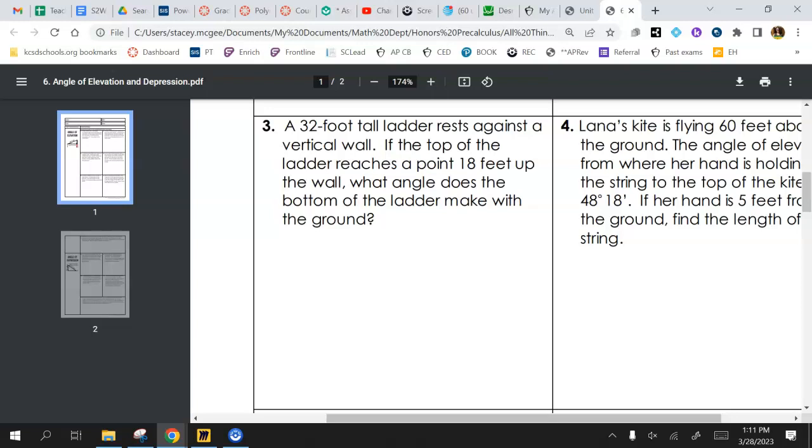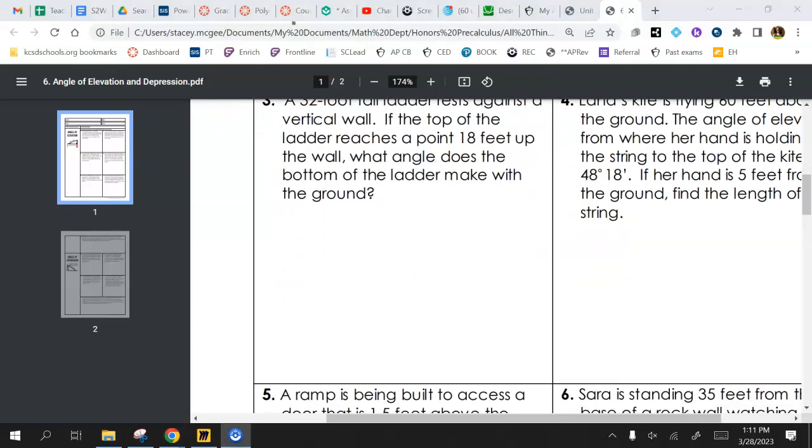So I've got this wall and this 32-foot ladder that's leaning against the wall. So here's my ladder. It's 32 feet. I'm trying to write on this paper. Once I get this done, then I'll go back over to the mirror board and transfer it, just so you can read these.